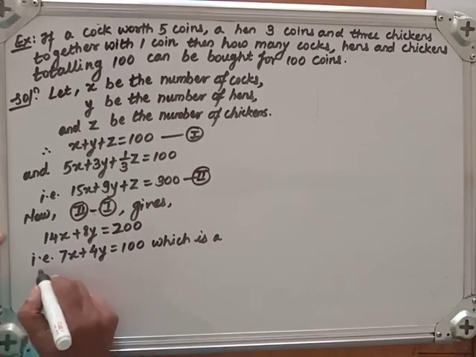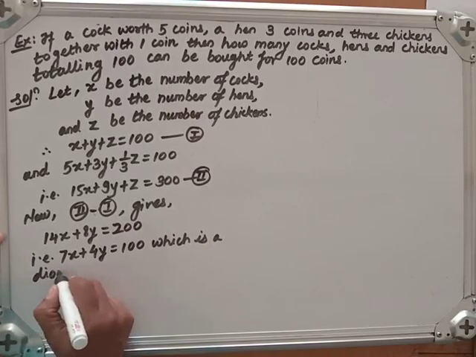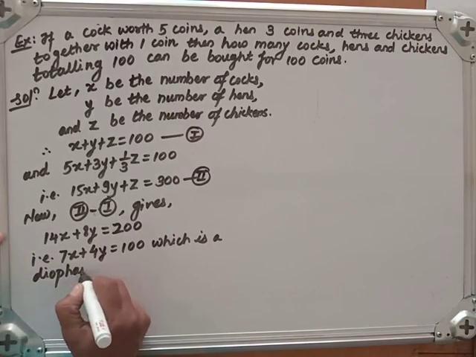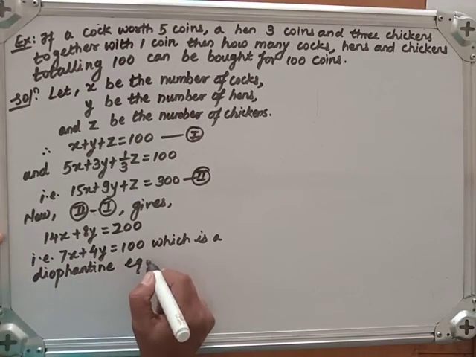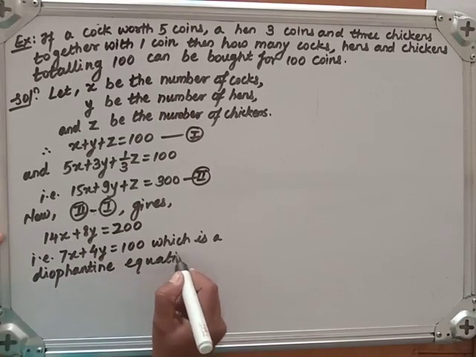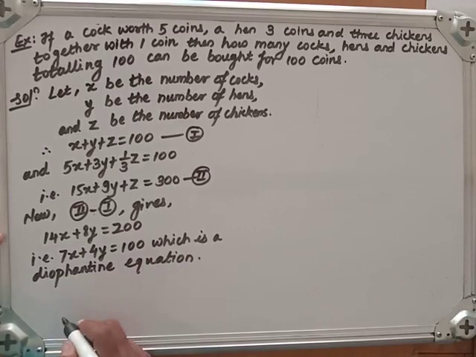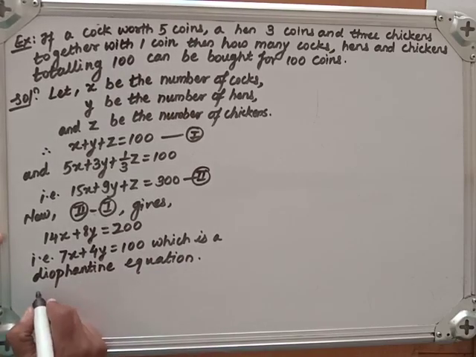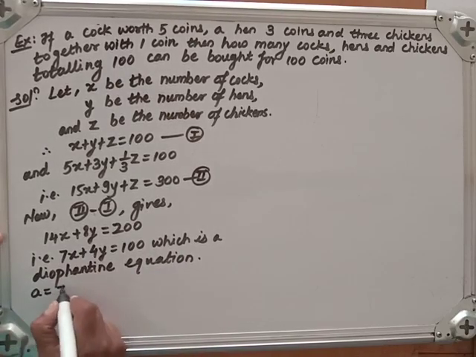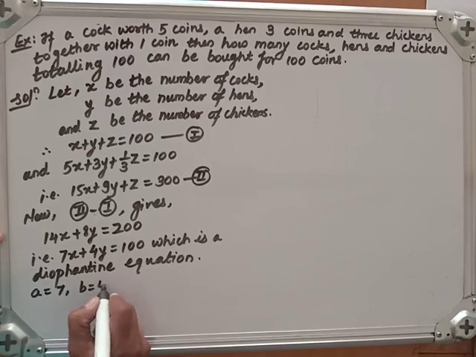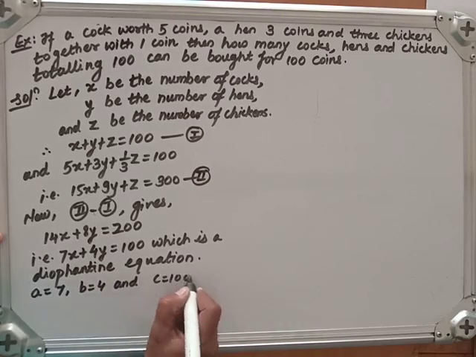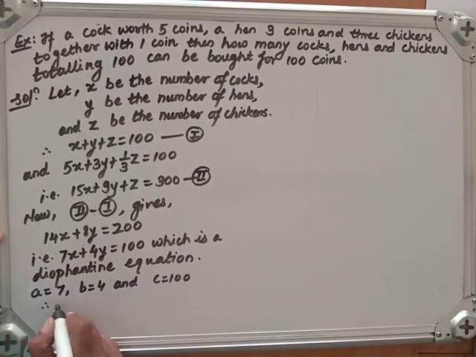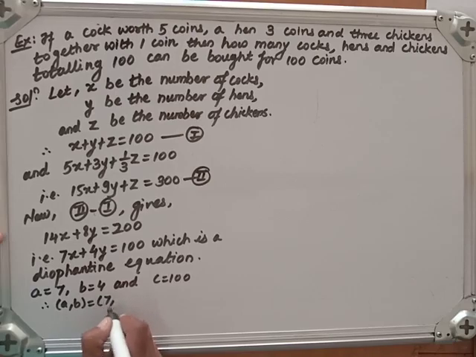which is a Diophantine equation. A is equal to 7, B is equal to 4, and C is what? 100. Therefore, GCD between A and B is GCD between 7 and 4.